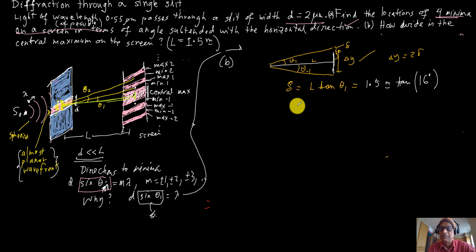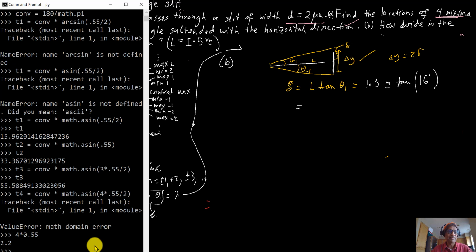So we will do this calculation again, and I think we should do T1. Let's see, T1 we already have, but we need to convert back T1 by, so that's the radian.